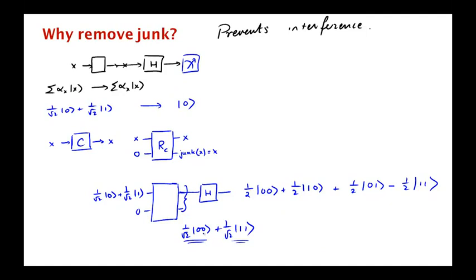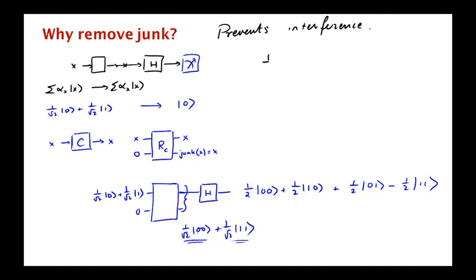Well, you see, what happened here is that when we did our Hadamard transform on this first qubit, so let's see first what happened when we did the Hadamard here without the junk qubits.